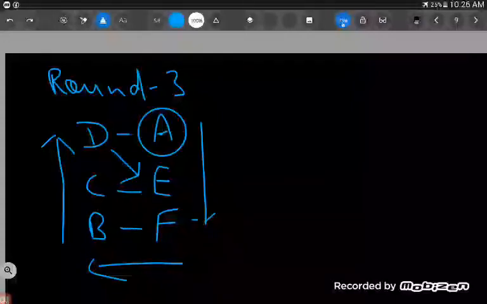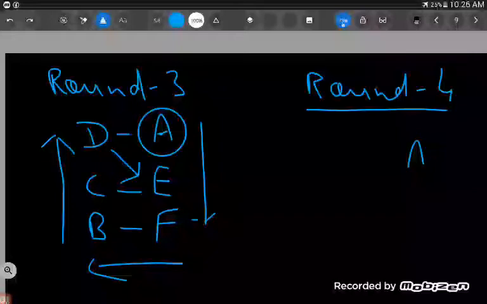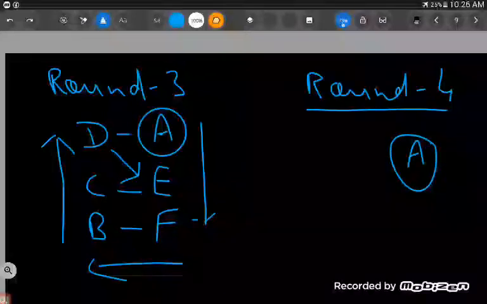I will draw here the fourth round. A is fixed. Then which team will come at the place of E?